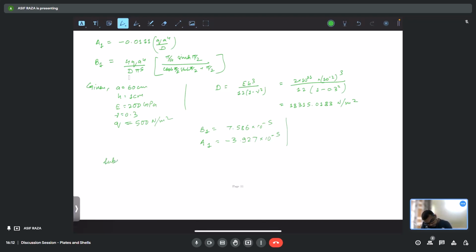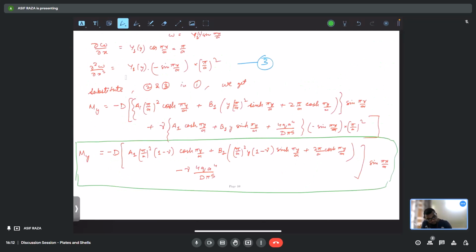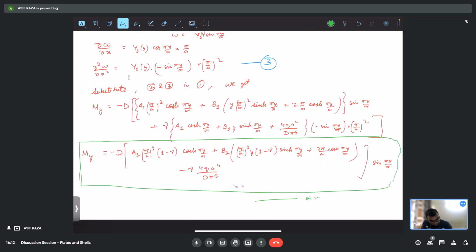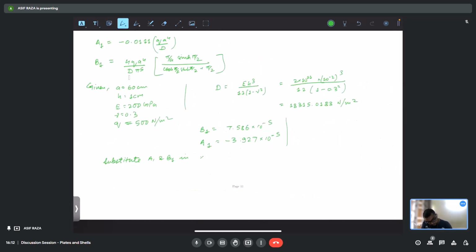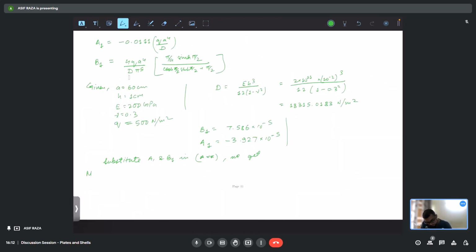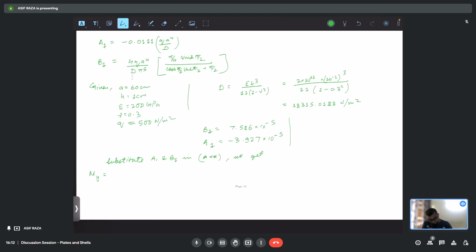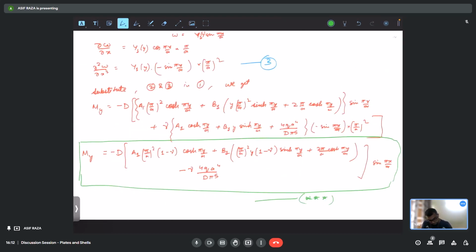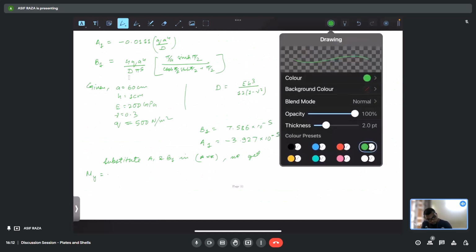Substitute a1 and b1, then we get, let's write it in red.